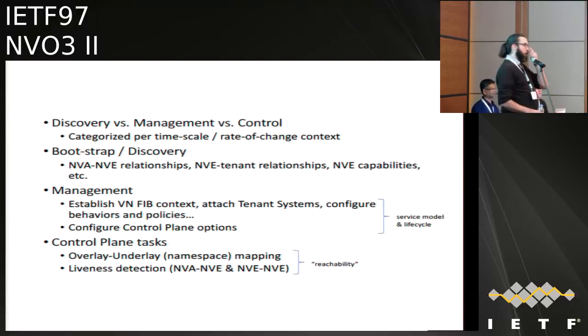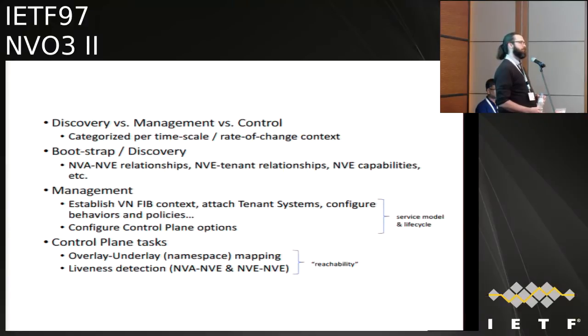To me, it seems like there is some confusion with respect to the scope of the work. We talk about the orchestration and lifecycle management of the VM and workload. In my opinion, that should be outside the scope of this work. What should be inside the scope is basically the management and control for setting up the overlay layer.